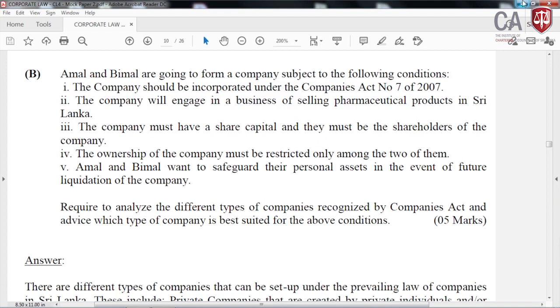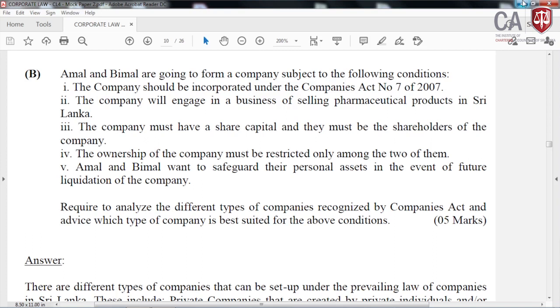Now, this is again a different style of question, because the question here is where you determine, considering the different types of companies that can be created under our law, what exactly is the company that suits the wishes of Amal and Bimal, and the wishes or intentions are described in 1 to 5 in Roman numerals.